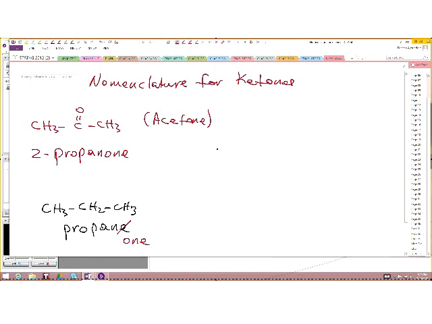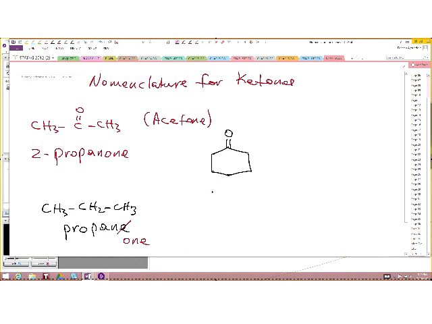Other examples, if we have this here, what will be the corresponding alkane name for this? Cyclohexane? Very good.